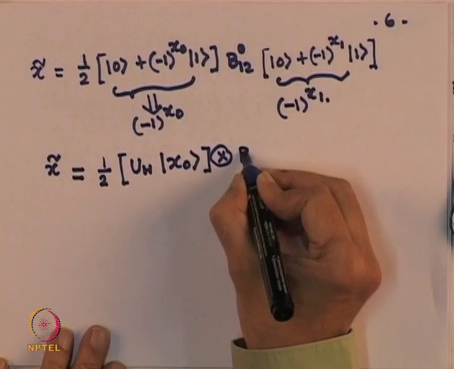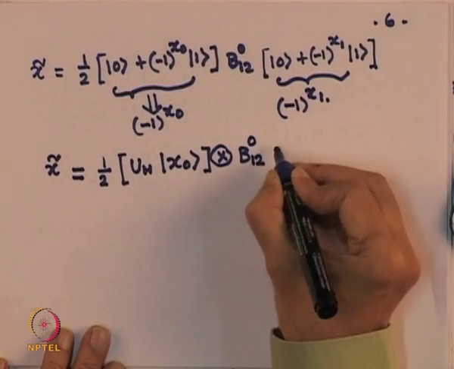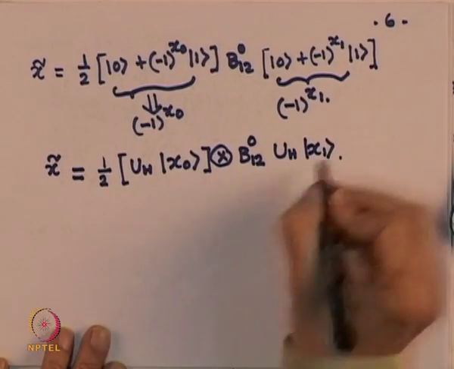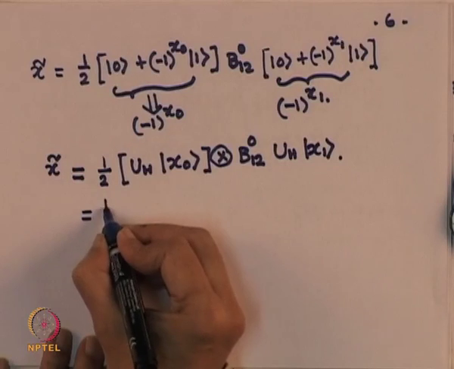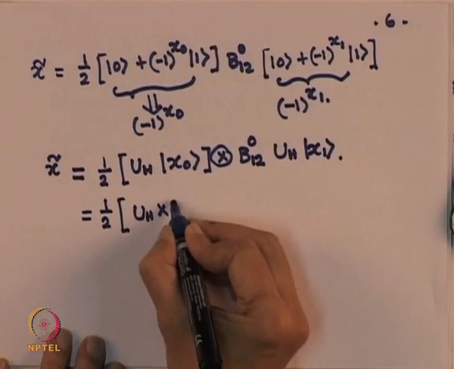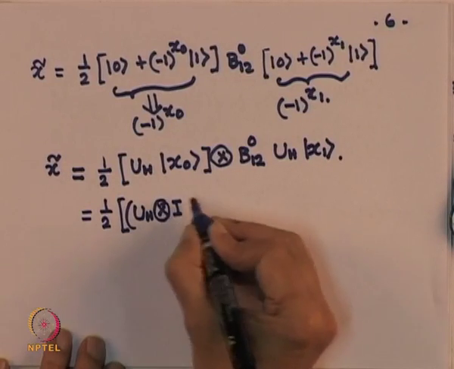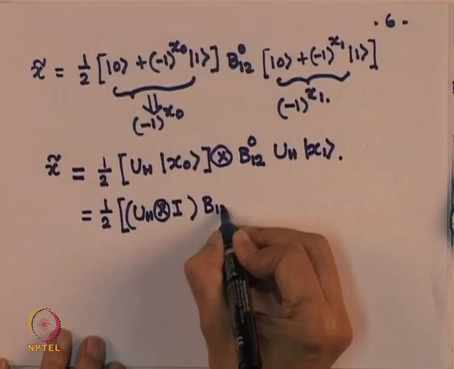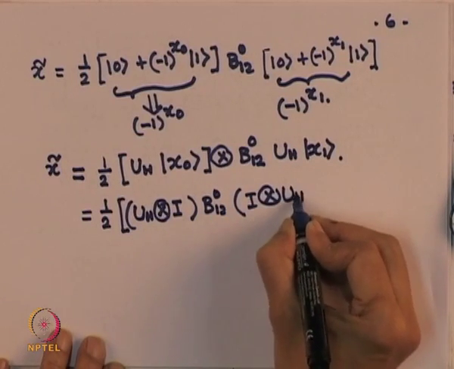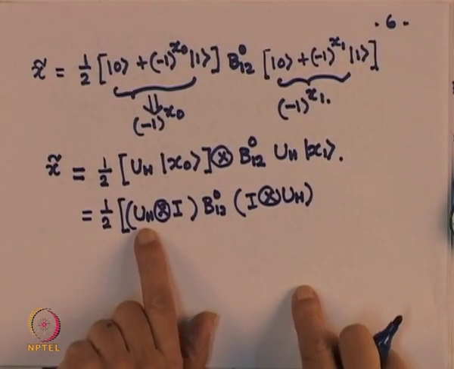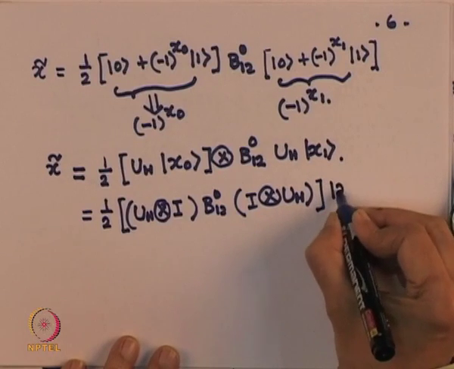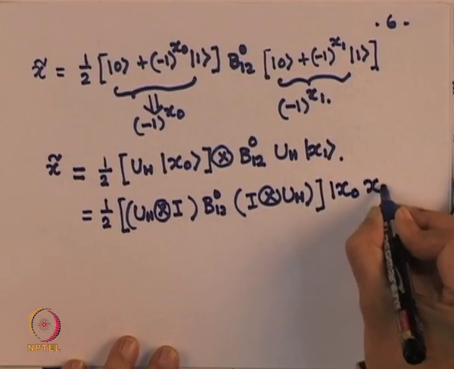Second one is B12 0 UH acting on x1, which is equal to half of UH cross I, B12, I cross UH, the different order because one of them acts on the x0, the other one acts on x1, but it acts on x0 x1. This is what we want.